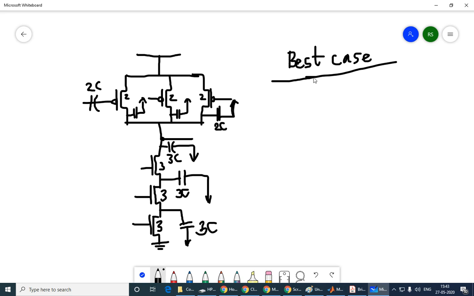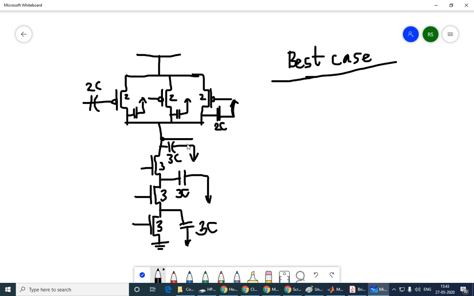Okay, and in addition to that, we have in the pull down network three capacitances. 3C is connected to the output node. Obviously the first capacitance, this one, has to be charged. If the output is rising, this is connected to the output node, so definitely this has to be charged.